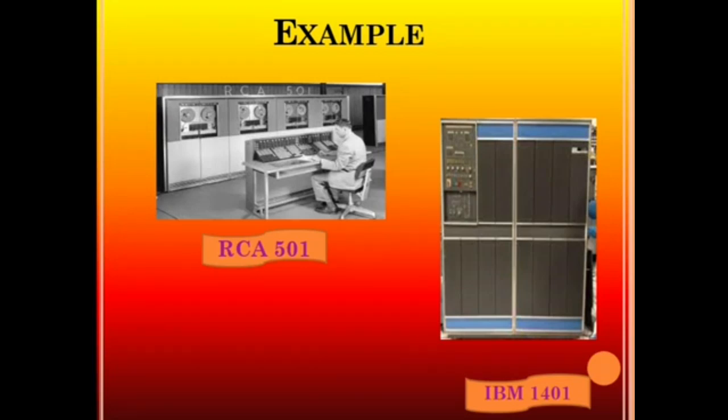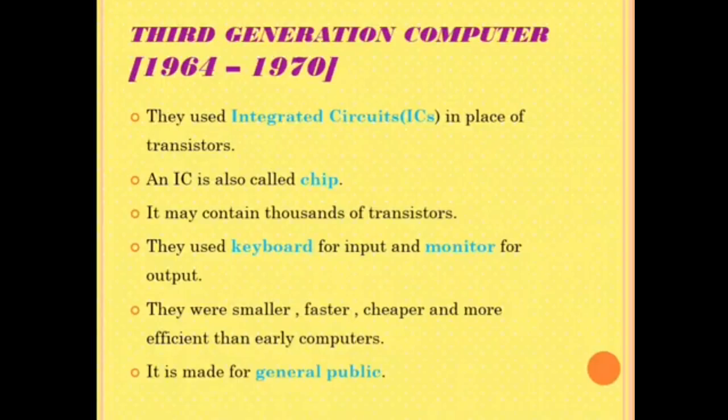Okay, now we will see the third generation of computers. The period of the third generation is 1964 to 1970, so in between these years they used third generation computers. They used integrated circuits, in short IC, in place of transistors.